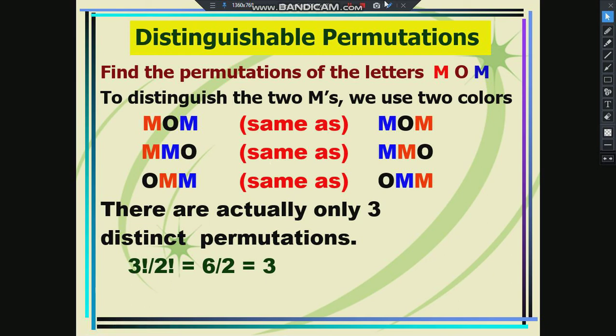Saan nanggaling si 6? We have 3 factorial means 3 times 2 times 1. That is equal to 6. Over 2 factorial means 2 times 1 equals 2. So, 6 divided by 2 equals 3. So, there will be only 3 arrangements.